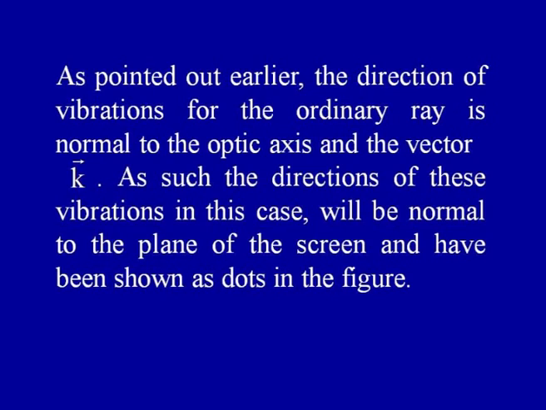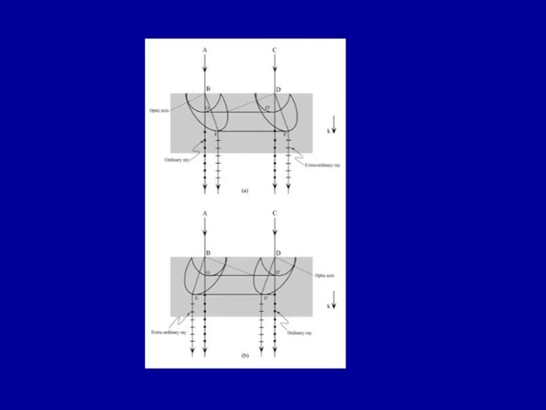Now, as pointed out earlier, the direction of vibration for the ordinary ray is normal to the optic axis and the vector k. As such, the directions of these vibrations in this case will be normal to the plane of the screen, and that is why they have been shown as dots in the figure.